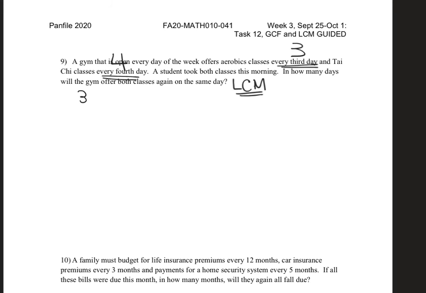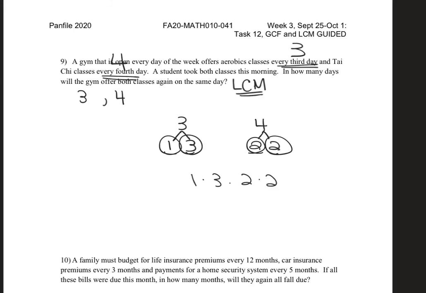So 3 and 4. Well, you do your factor trees. 3 is 1 and 3. 4 is 2 and 2. What's common? Nothing. So we have 1 times 3 times 2 times 2. 1 times 3 is 3, times 2 is 6, times 2 is 12.